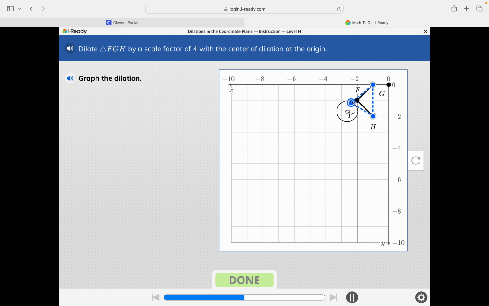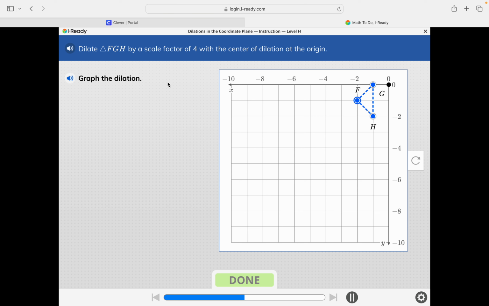We have to graph again. Dilate triangle FGH by a scale factor of 4 with the center of dilation at the origin.